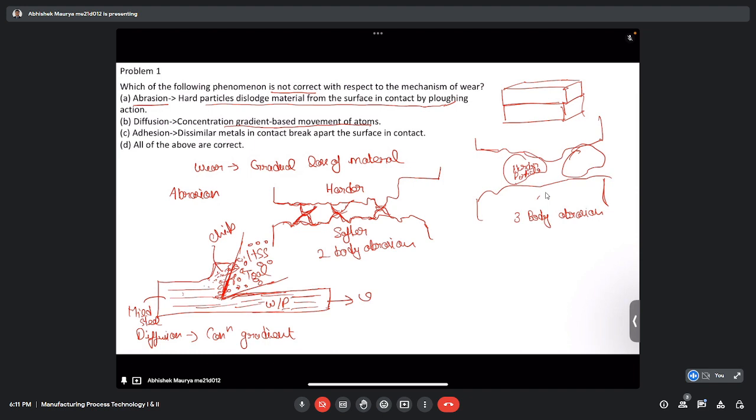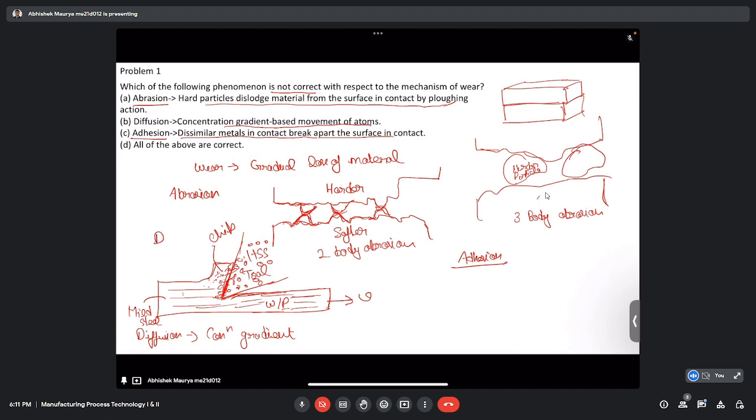And let's see what is happening in the third one. Addition. These similar metals in the contact break apart that surface in the contact. So let's quickly discuss adhesion here.